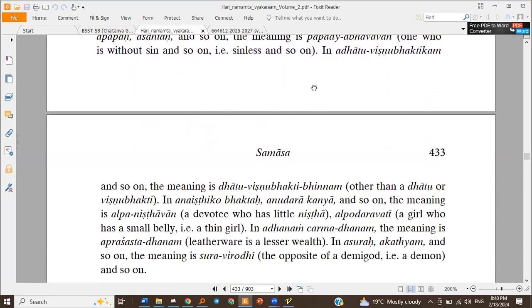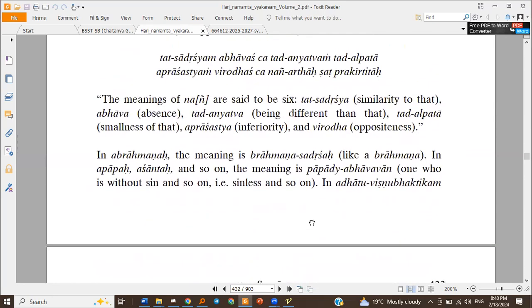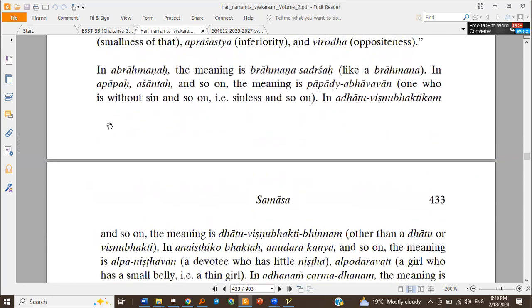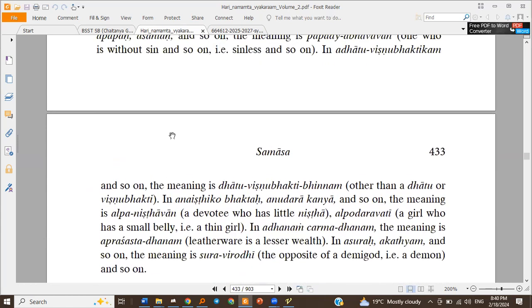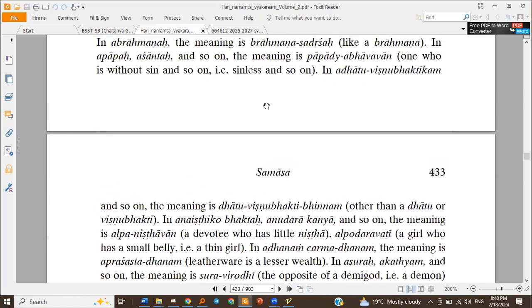Then I think you can just copy paste the paragraph which gives examples. I'm not copy pasting, I'm typing, so it takes some time.